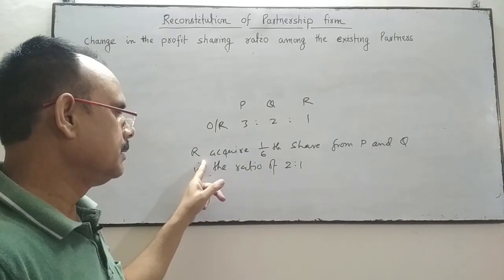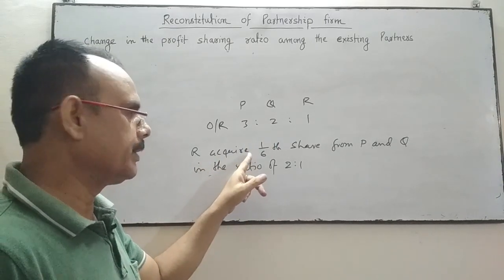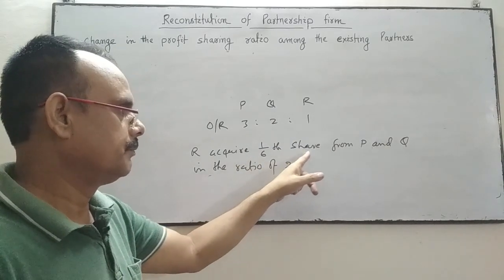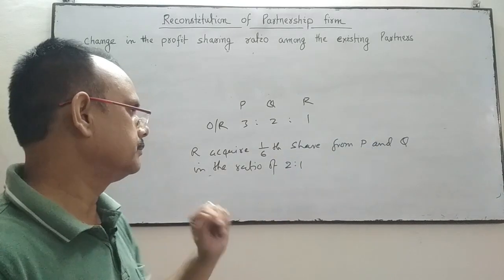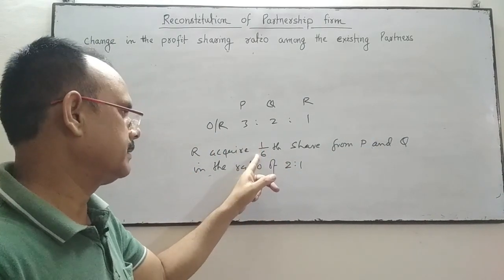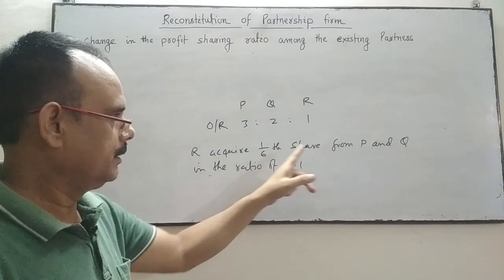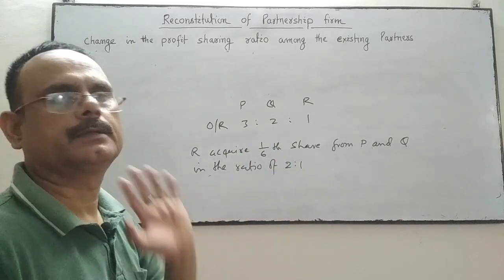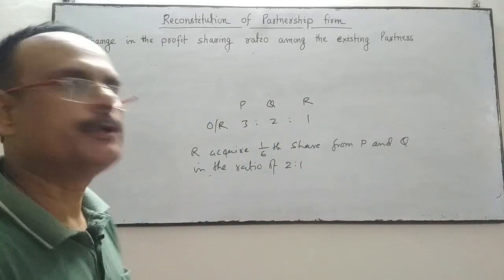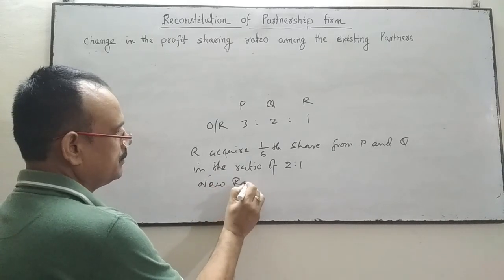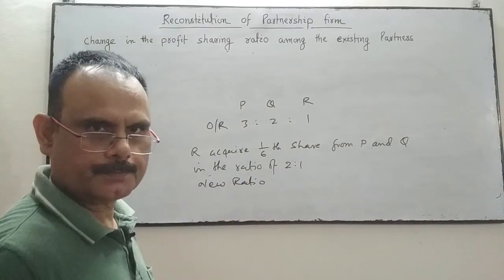R is going to acquire 1/6 share from P and Q in the ratio of 2:1. So find out the new ratio. What will be the new ratio?